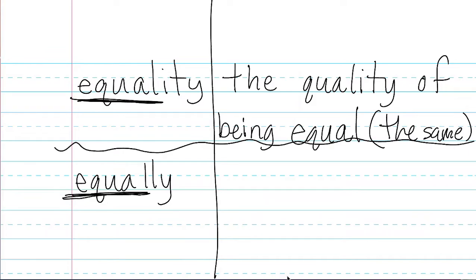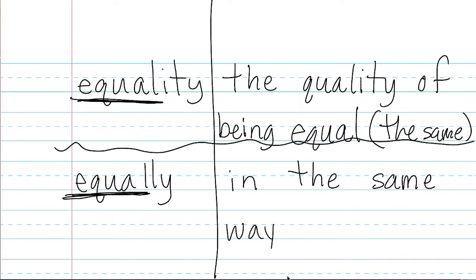Oh, that was a little messy. And then equally, I'm going to write in the same way. So make sure you have both of those written into your vocabulary section. Pause the video if you need more time.